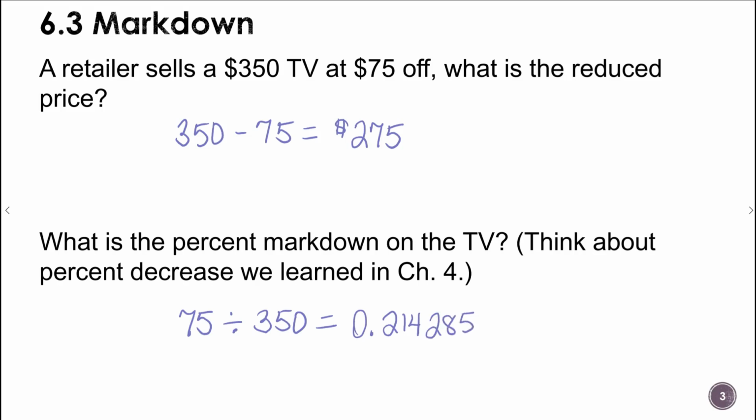There's a bunch of numbers here, and that continues on. Actually, it doesn't stop right there. If we round to the nearest tenth of a percent, that means we're going to be rounding to this place value. This would be 21.4%. All right.